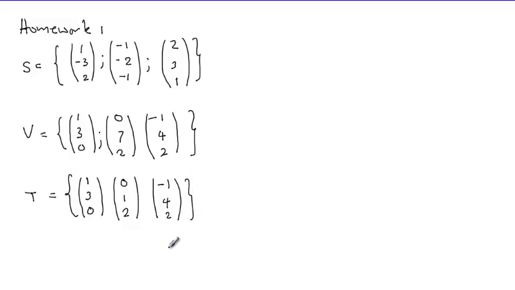Right. I repeat, in each case, verify if these sets of vectors are linear dependent or linear independent. In the case the set is linear dependent, please also try to identify one vector which you can express as a linear combination of the other two.